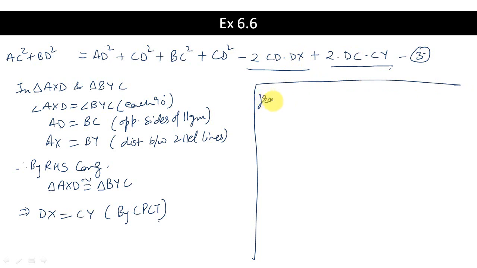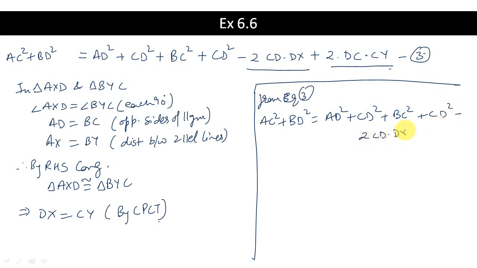So from equation number 3, we get AC square plus BD square is equal to AD square plus CD square plus BC square plus CD square minus 2 times CD into DX plus 2 times DC into DX.